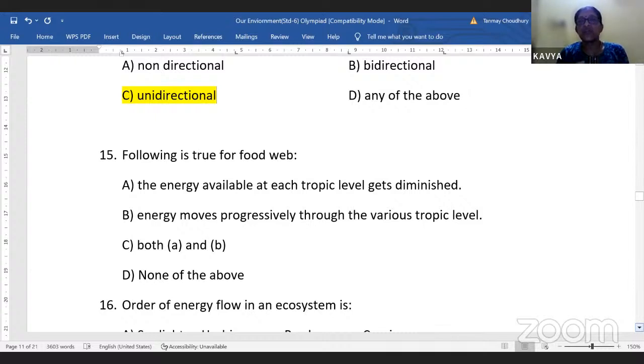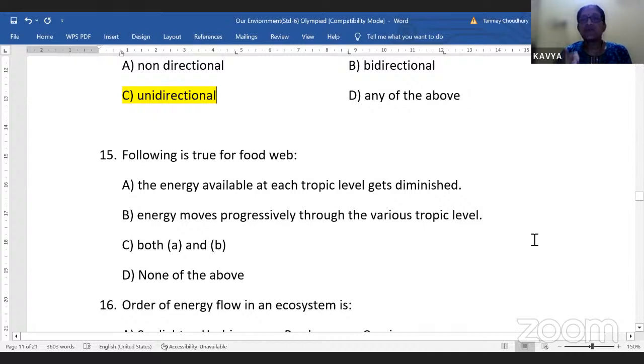Then when the herbivores are eaten by carnivores, again it reduces. Okay, I can't hear myself.